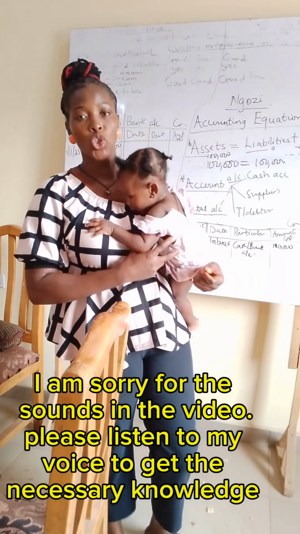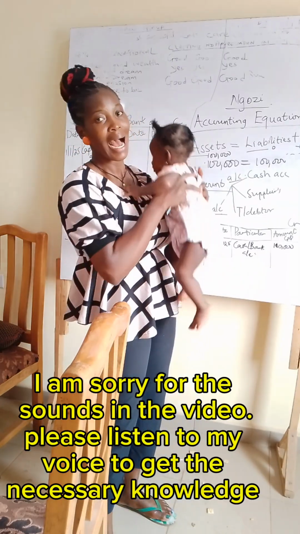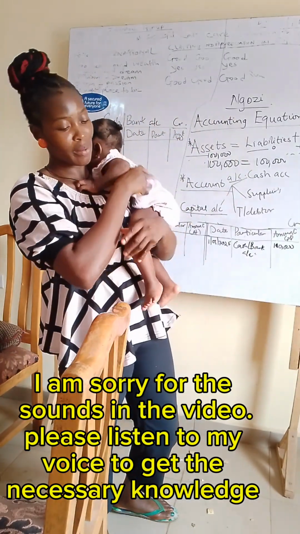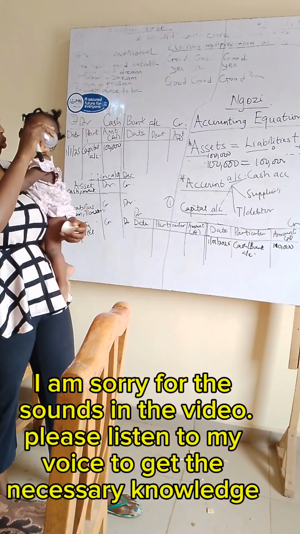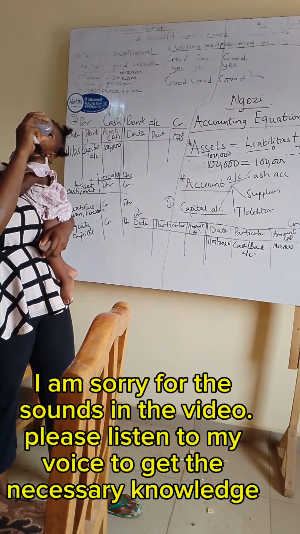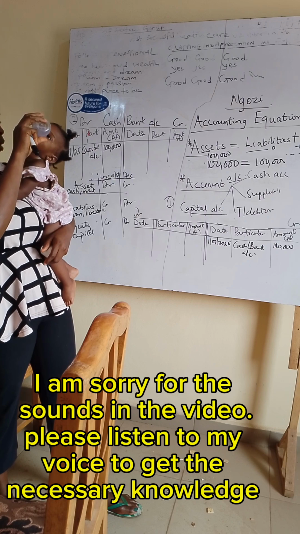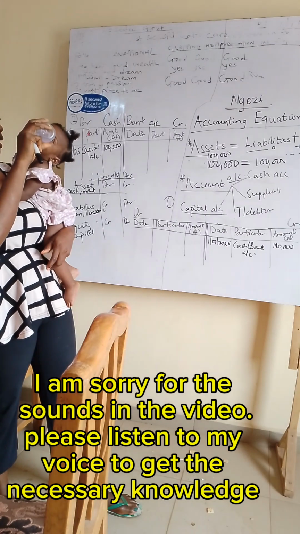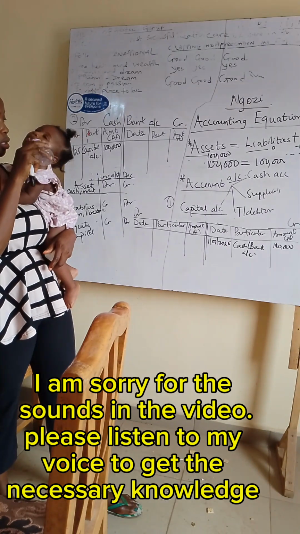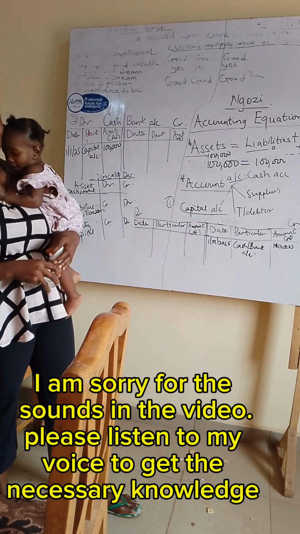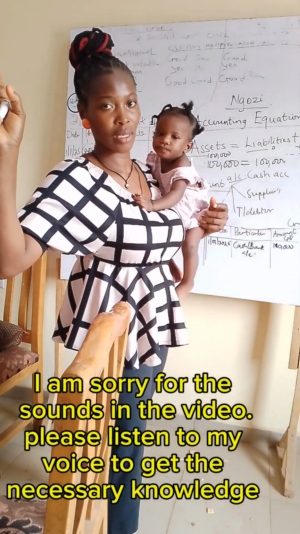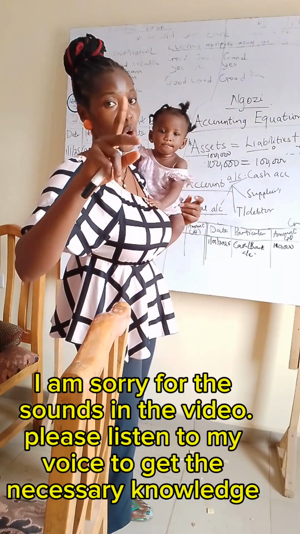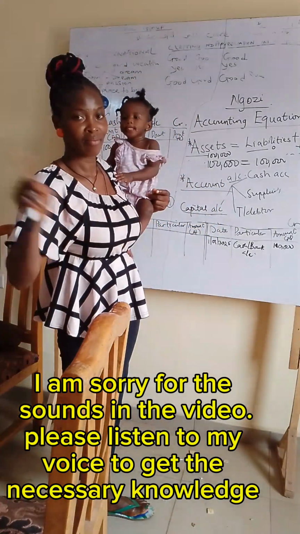Now, the trader, the supplier, agreed to give him that 1 million naira worth of goods on credit. So now, I would like you to translate the information you just received into accounts. Tell me the two accounts that will be affected.